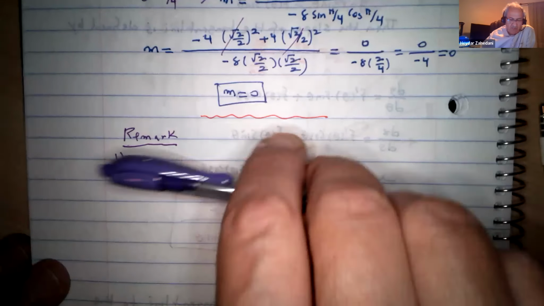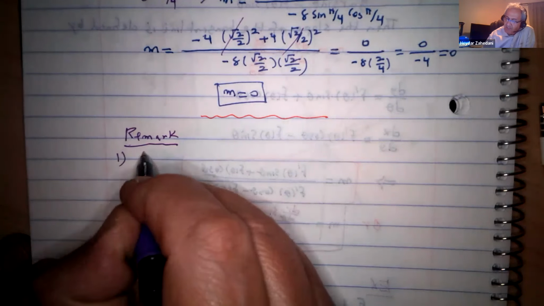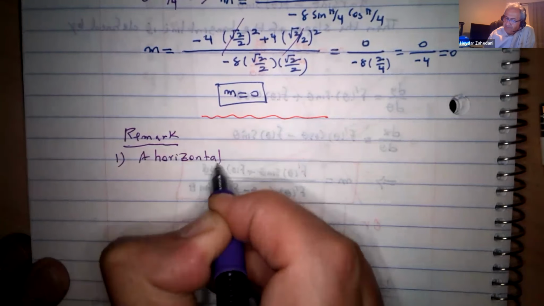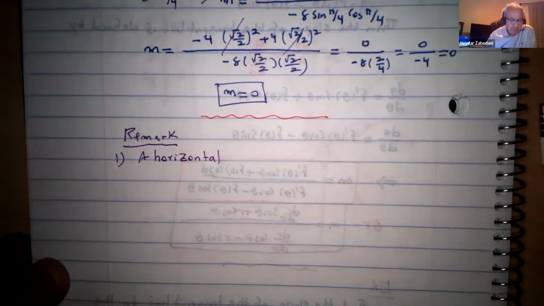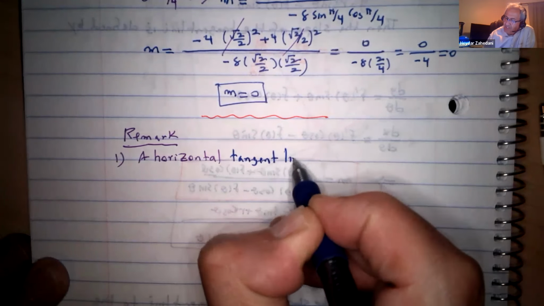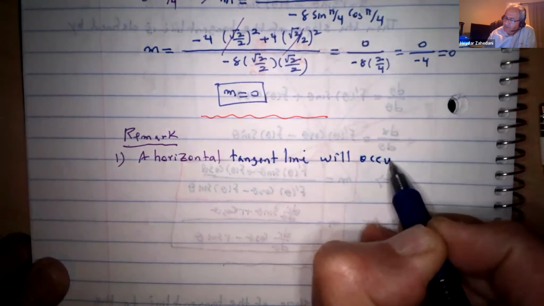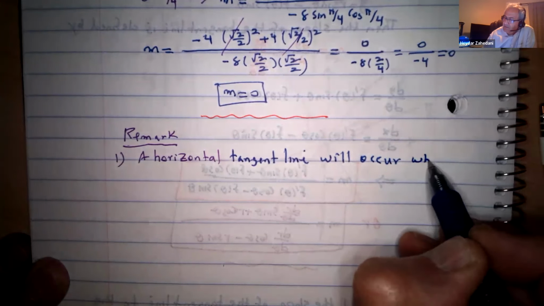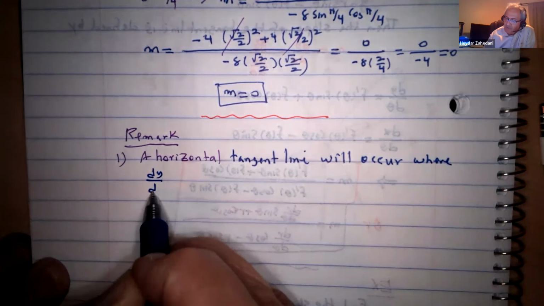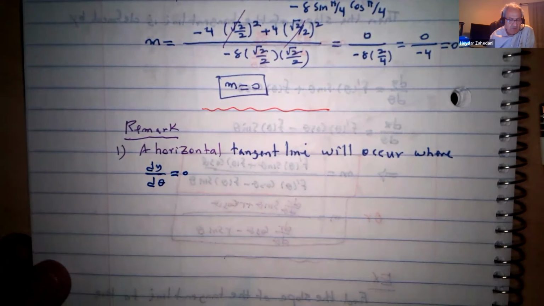So you don't need the x. So this is the situation we're going to have. A horizontal tangent line will occur where dy/dθ is going to be equal to 0, because in that case y will be a constant, which is going to be horizontal.